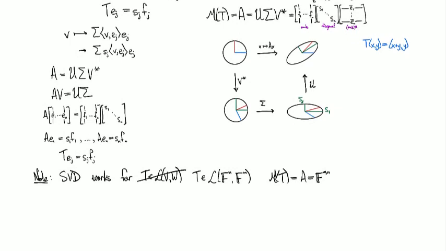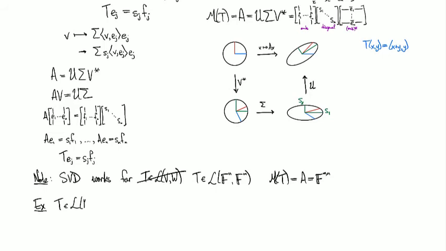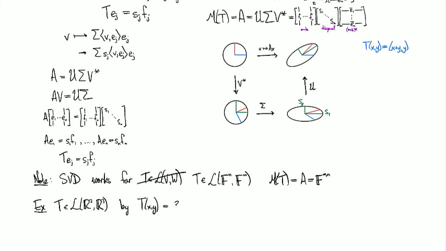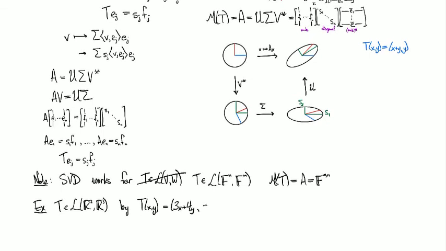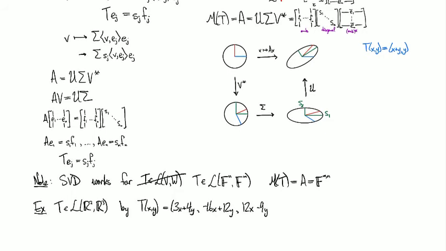So let's look at an example. Let's take T in L from R2 to R3, and we'll take the transformation that does 3x plus 4y, and then minus 16x plus 12y, and then 12x minus 9y.